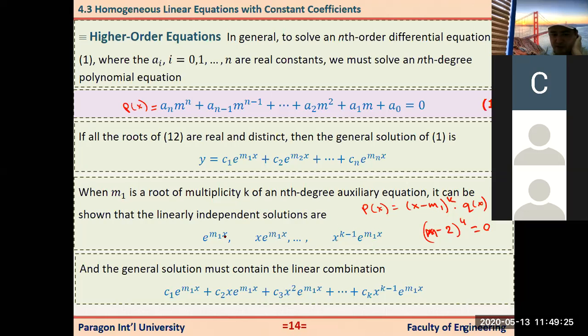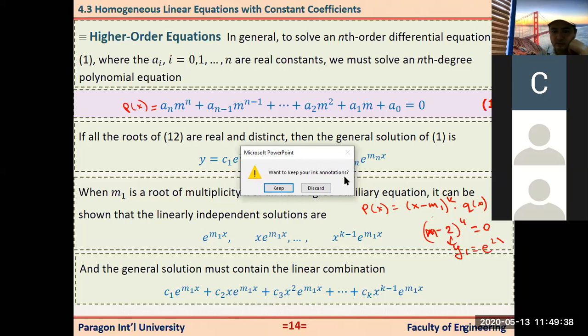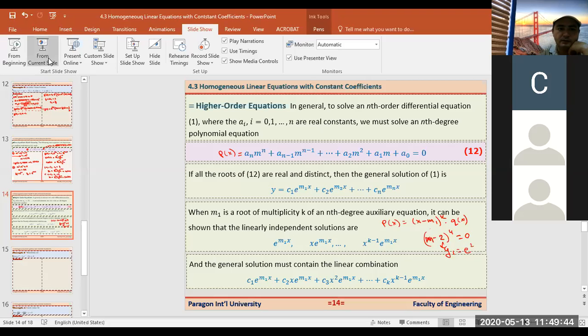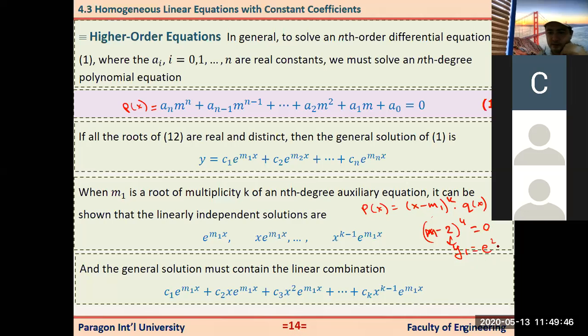If I know the first solution, y sub 1 is e to the power 2x, I look for the second one as u times y1.